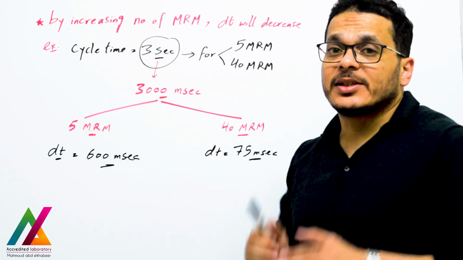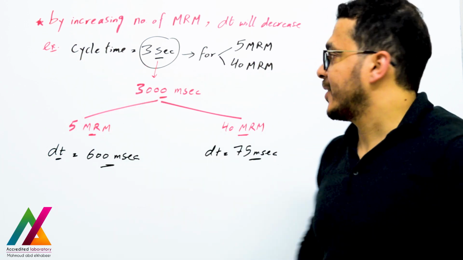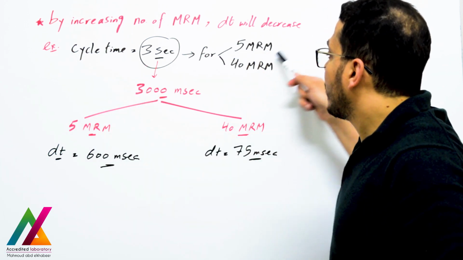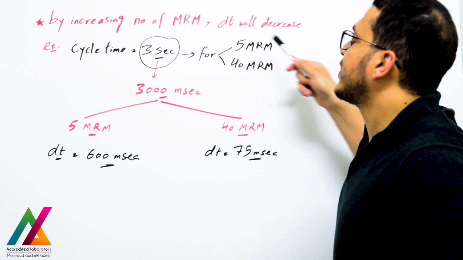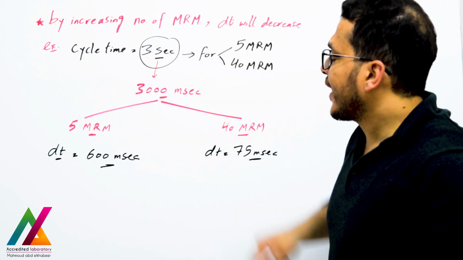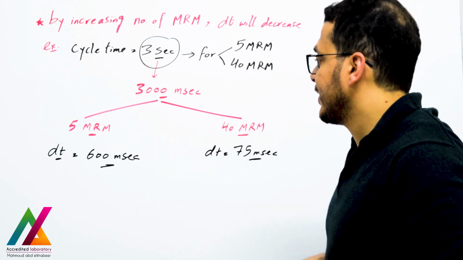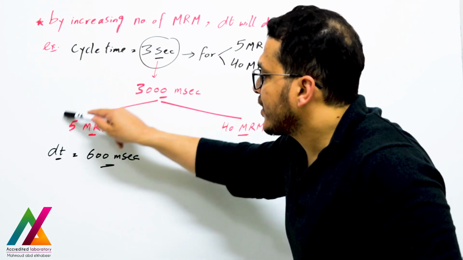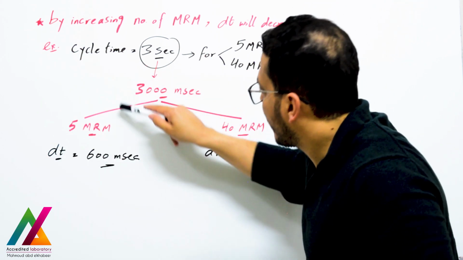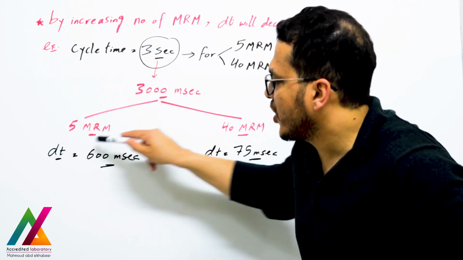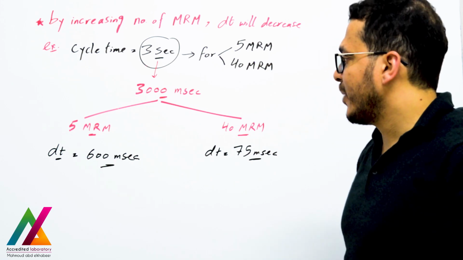If the cycle time is equal to 3 seconds, for 5 MRM transitions and for 40 MRM transitions, 3 seconds equals 3000 milliseconds. For 5 MRM transitions, dwell time will be equal to 3000 divided by 5, which is equal to 600 milliseconds.